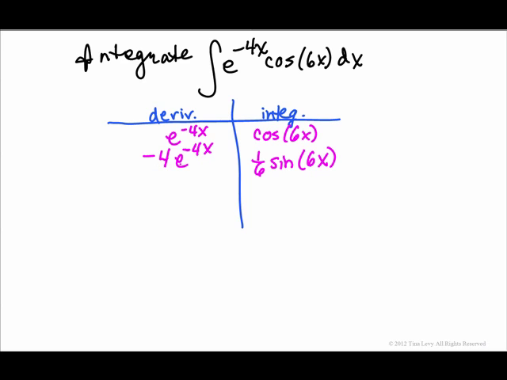The derivative of negative 4 e to the negative 4x is negative 4 e to the negative 4x times another negative 4, which is 16 e to the negative 4x. And now the antiderivative of 1/6 sine 6x is a 6 of negative cosine.